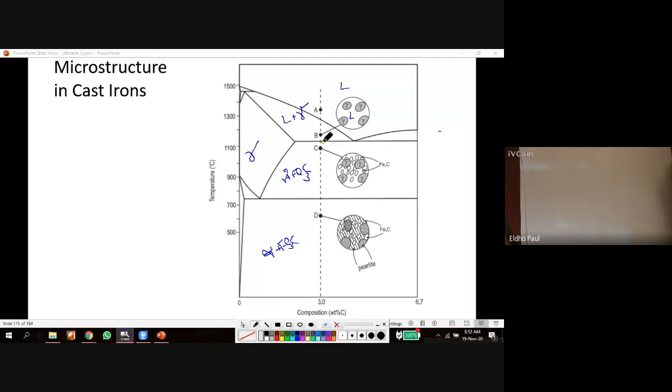When it crosses the eutectic line of the iron carbon equilibrium diagram, what happens?